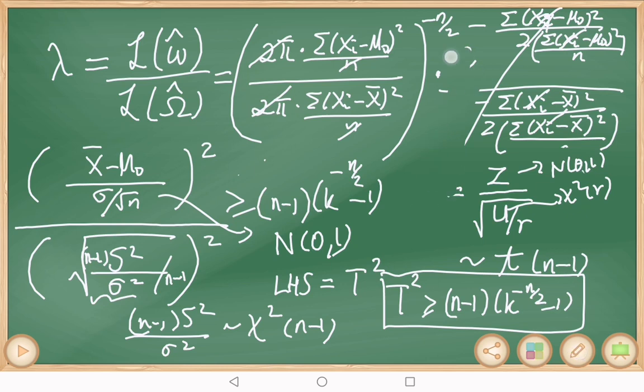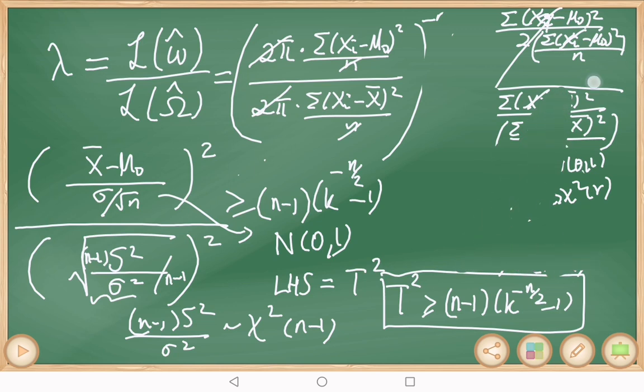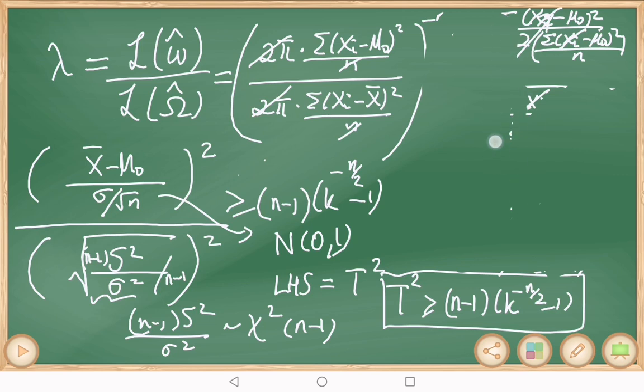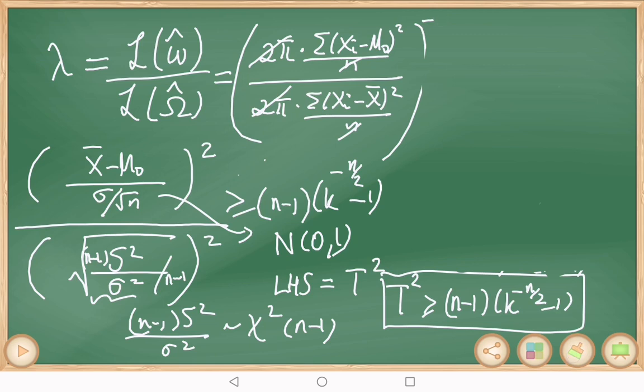So let's proceed. Let's clear some space here. Okay, so instead of working with t squared, we can choose to work with the absolute value of t, and that will be, so t squared greater than this term on the right hand side is equivalent to absolute value of t greater than its square root, right?